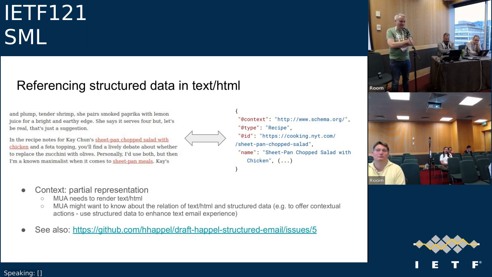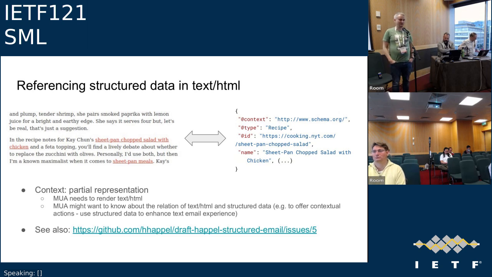This is a point we started to discuss in Brisbane once, but it caused a little bit of confusion, so I try to make the example a little bit more clear. So the question is, we are in that partial representation case.